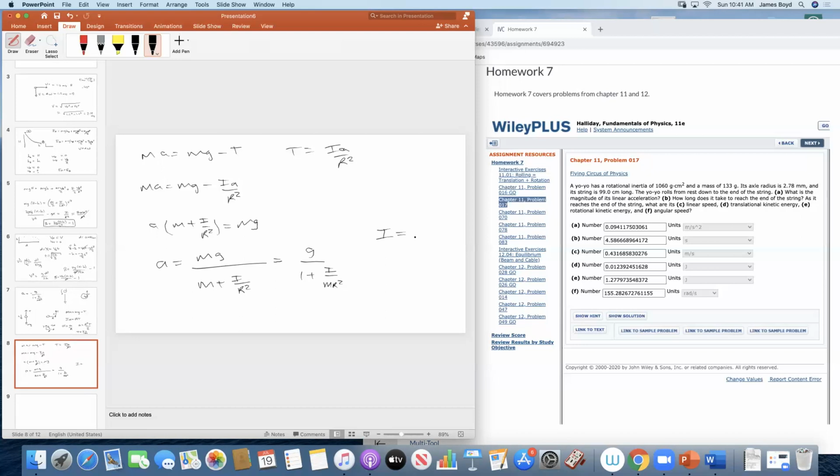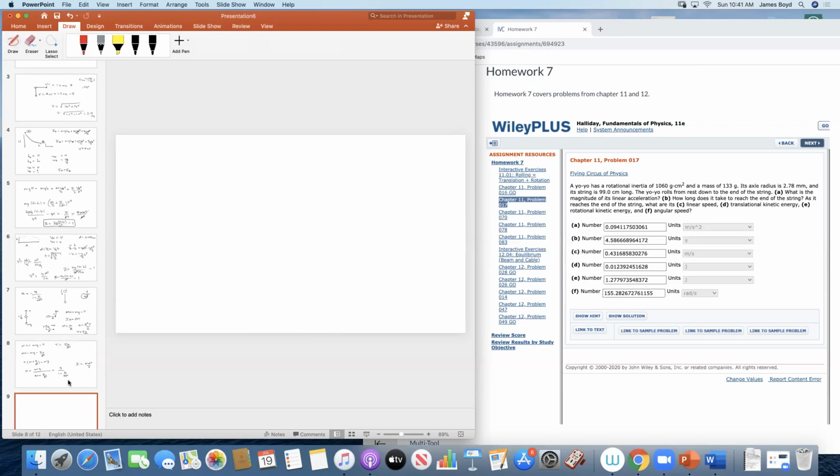Also, we should note that I is mr squared over 2 in general for a disk. So this would give us 1 plus 1/2. However, we need to do this symbolically. So the first thing is, what is the magnitude of the linear acceleration? If we plug in a is g over 1 plus I over mr squared, we're given the mass in grams.